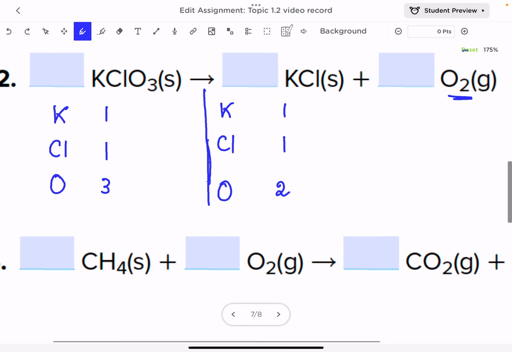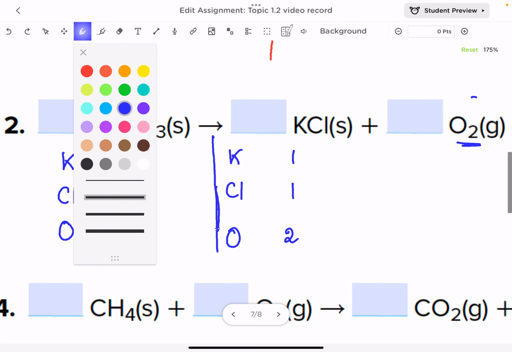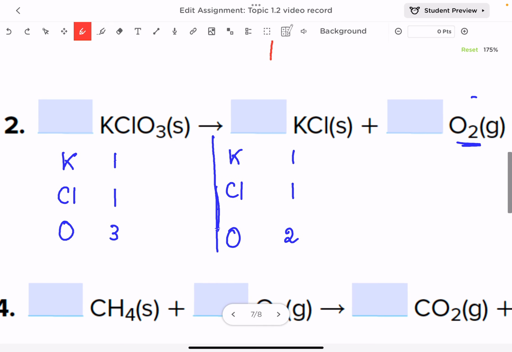Now, obviously, the oxygen is not balanced. So we decide to multiply this by 2 and the product side by 3. Now, 3 and 2 are coefficients to place over here. I'm multiplying the O, so I write the 3 on this side.